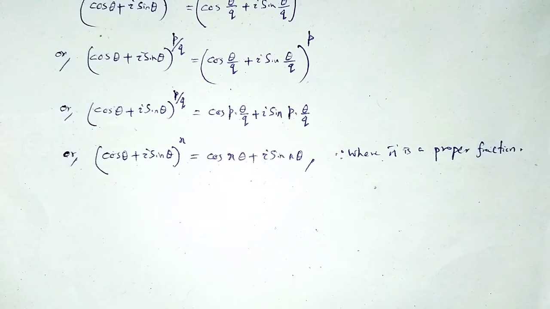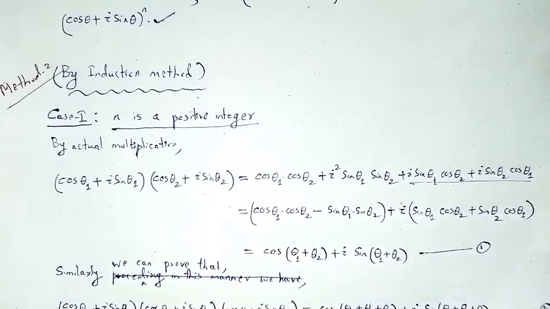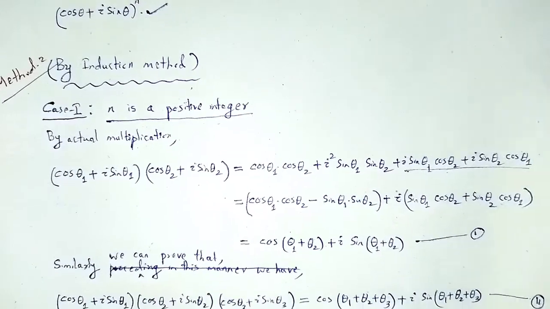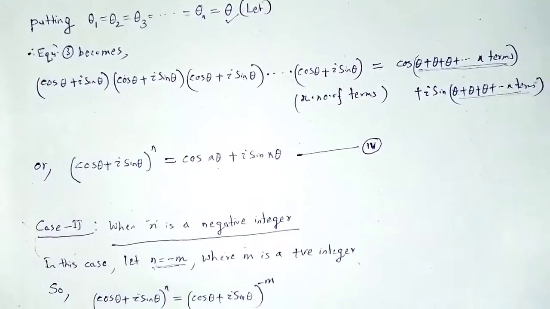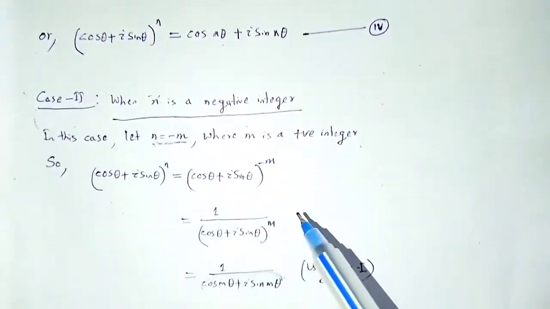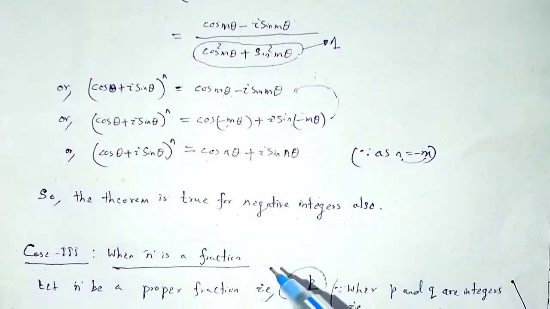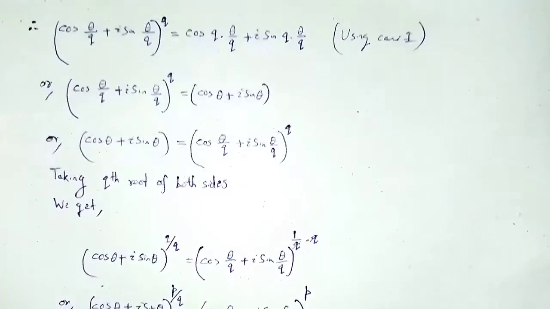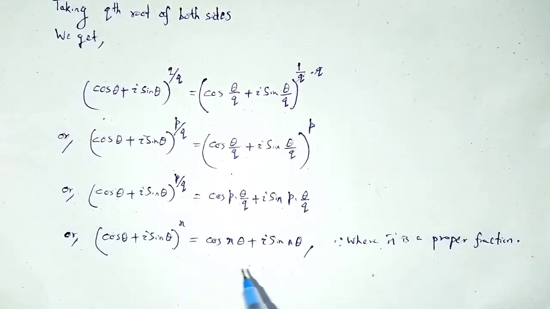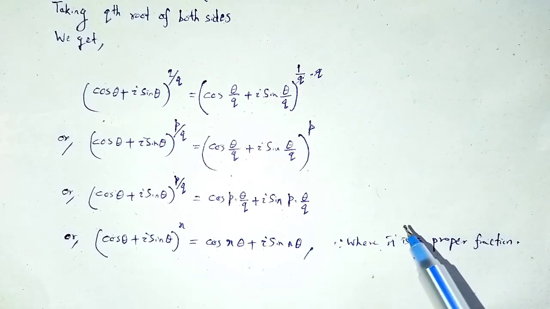So in this way, by taking n as a positive integer, n as a negative integer, and n as a fraction, we prove de Moivre's theorem: (cos theta plus i sin theta) to the power n is equal to cos n theta plus i sin n theta.